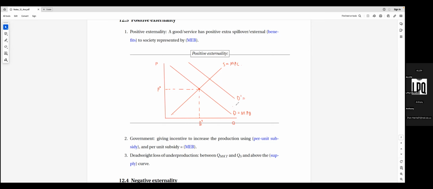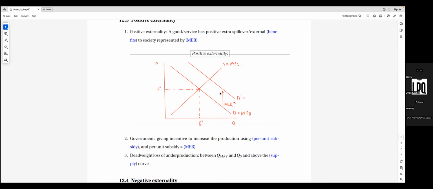How you shift your demand curve to the right: remember this, the vertical distance between these two demand curves equals something called marginal external benefit. Let's put MEB here. This is called marginal external benefit.